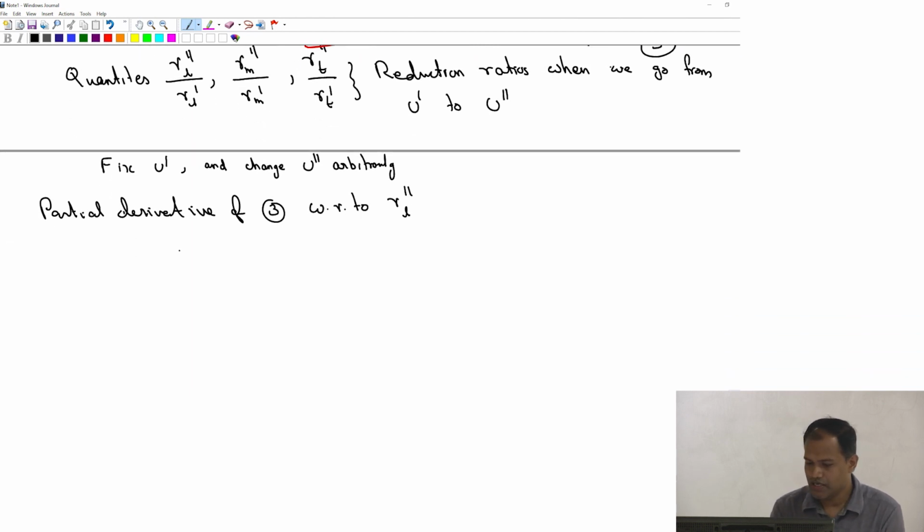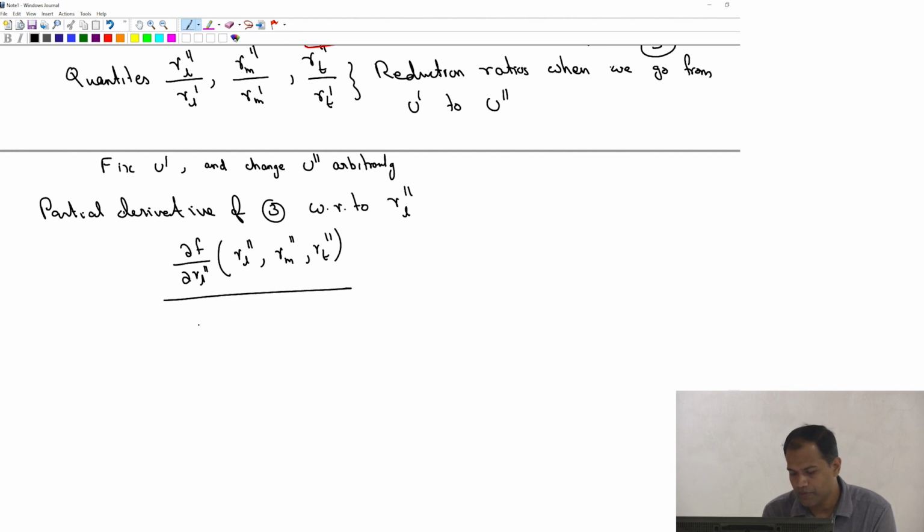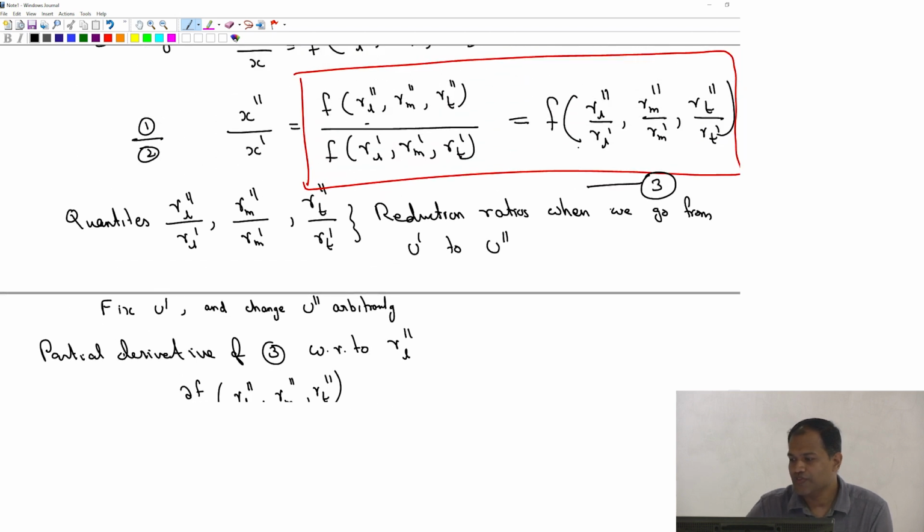So the left hand side comes out to be dou f by dou RL double prime, which could be a function of RL double prime, RM double prime, RT double prime, divided by the denominator, which was a constant, RL prime, RM prime, RT prime, is equal to the partial derivative of the right hand side with respect to this variable.